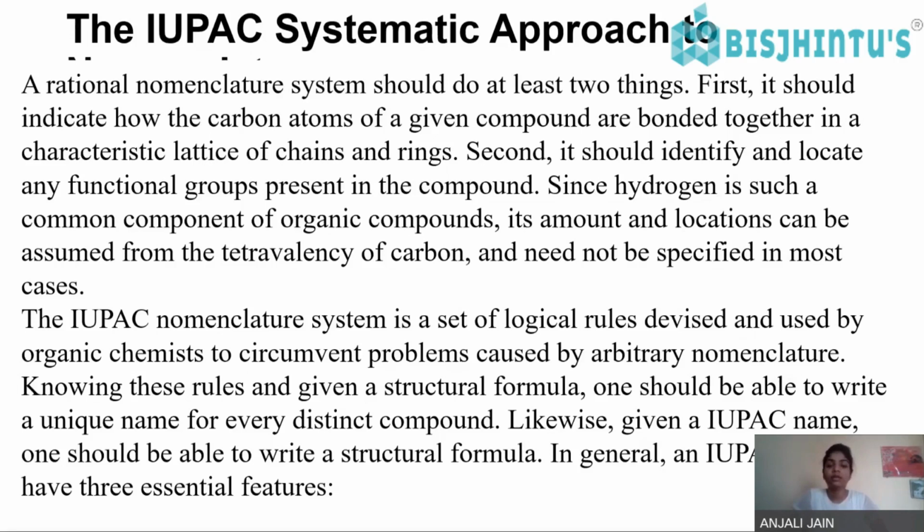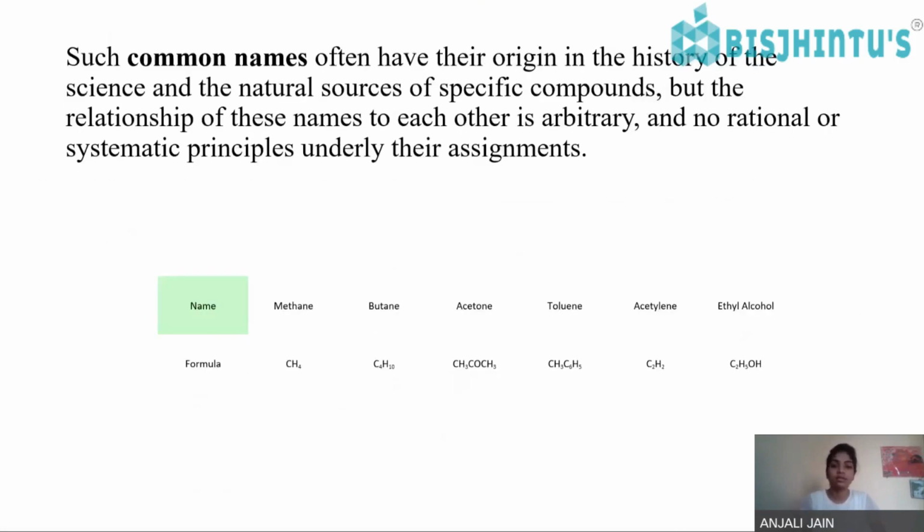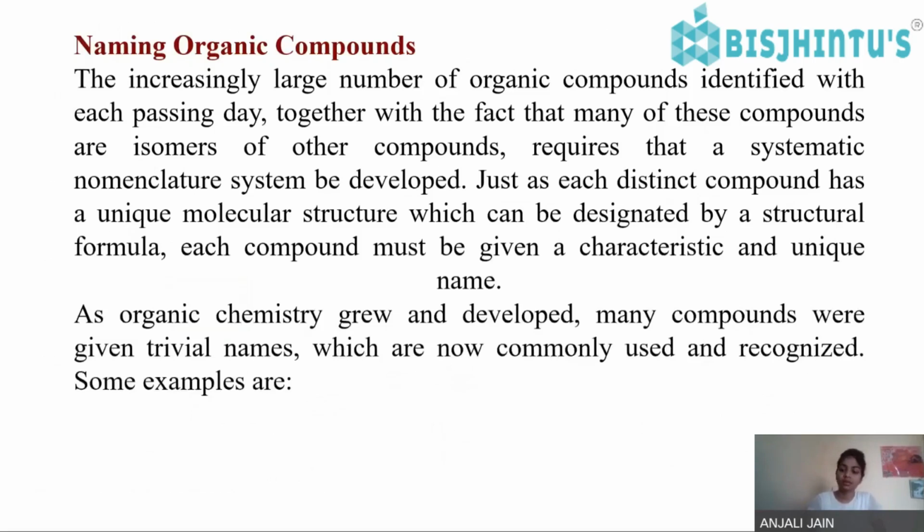The IUPAC nomenclature system is a set of logical rules devised and used by organic chemists to circumvent problems caused by arbitrary nomenclature. Previously, in the past, trivial names were used.